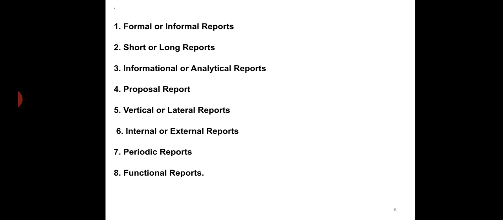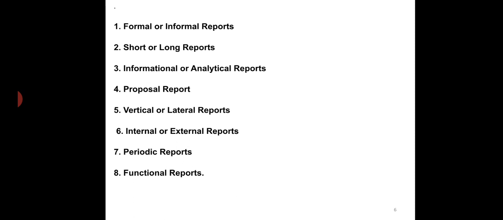It means a request for proposal specifies a need, and potential suppliers prepare the proposal report that explains how they can meet the needs. So that is known as a proposal report.